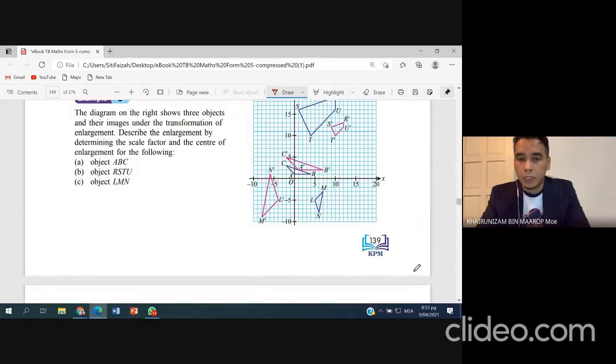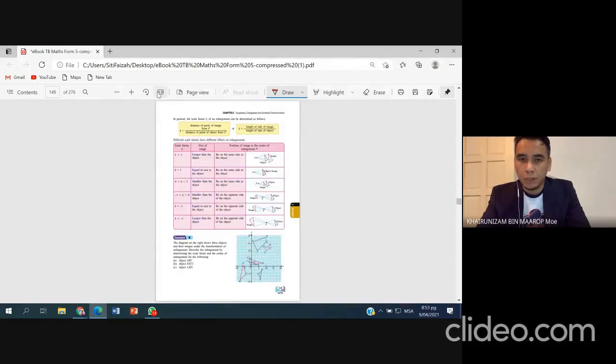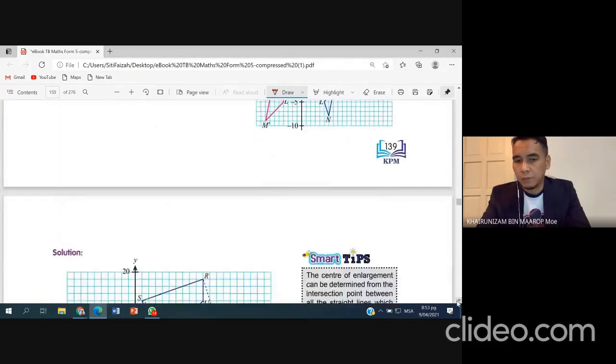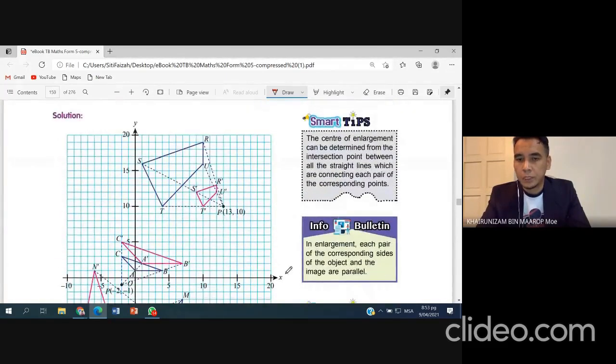Okay, look at this example. Too small. Okay, look at the example. This is how to find the center of enlargement. We draw a straight line, joining the point R with R prime until we find the intersection point.